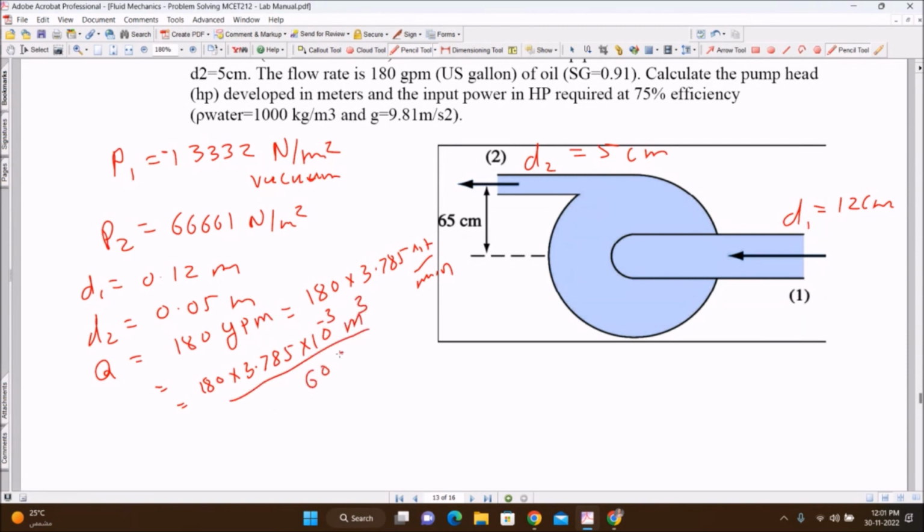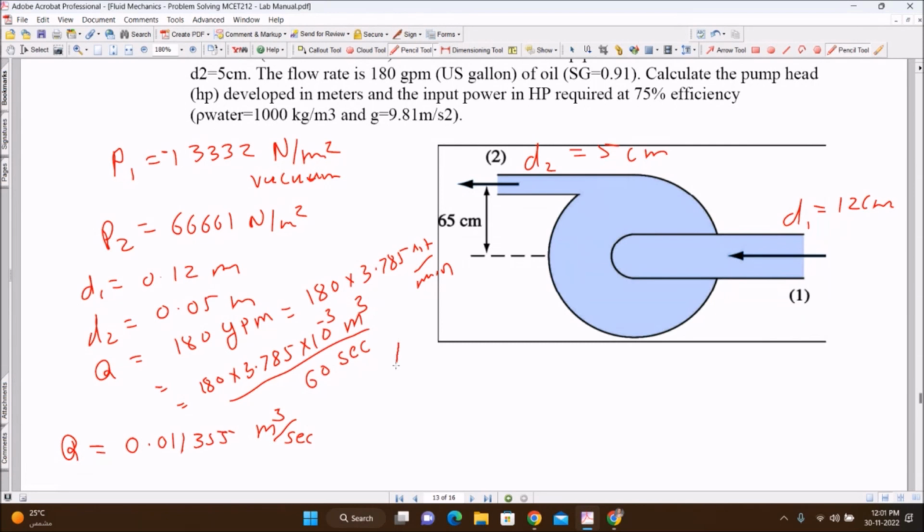And now minute is nothing but 60 seconds. So here Q is equal to, I will get 0.011355 meter cube per second.